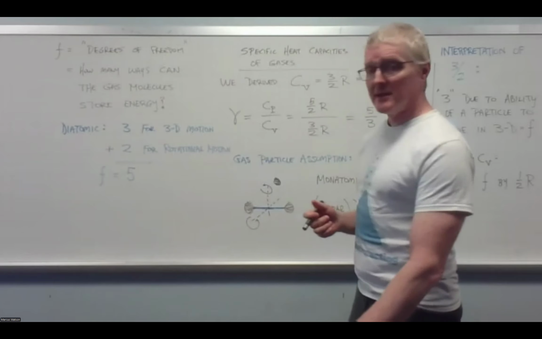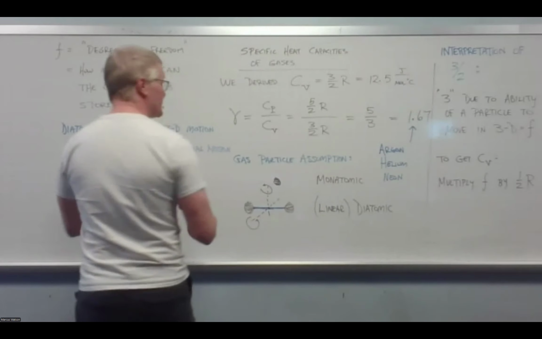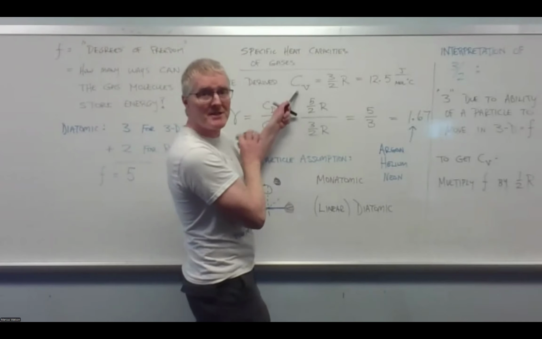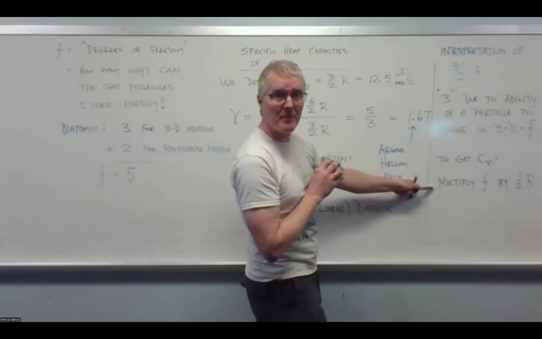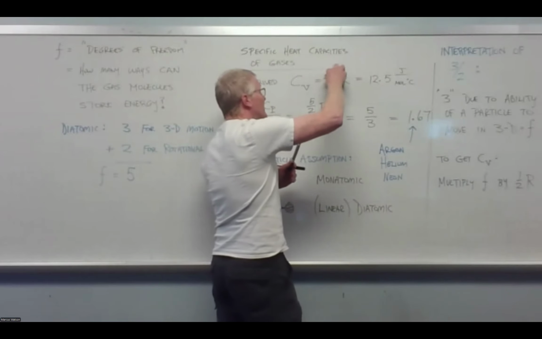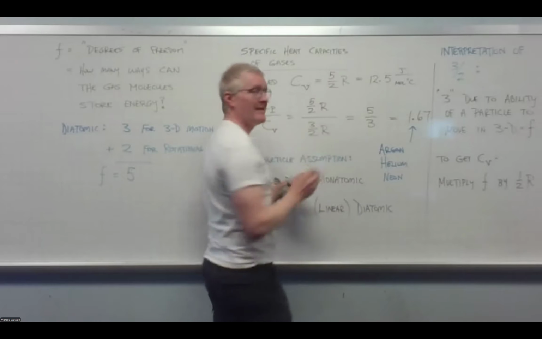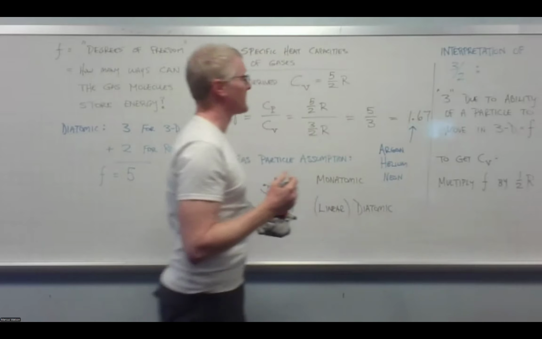So let's check the gamma number. If I have a diatomic molecule, I'm going to look at CV, and to get CV, I multiply F by 1/2 R. So this now becomes 5/2 R for a diatomic gas, which is now not equal to that.